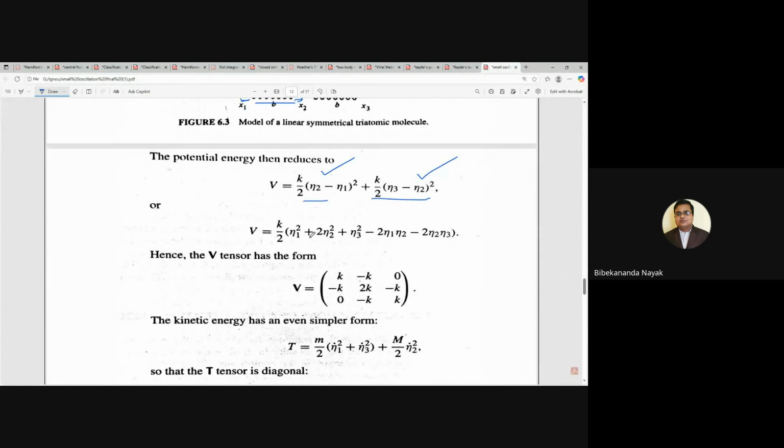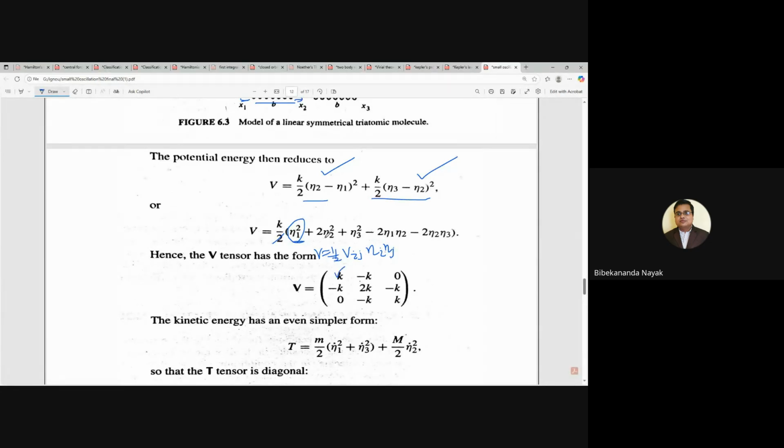So now you can construct the V tensor, the V matrix. What is the coefficient of eta 1 square? It is V11. We have the form half Vij eta i eta j. If you compare, the half cancels, so for i j equal to 1, V11 will be k.